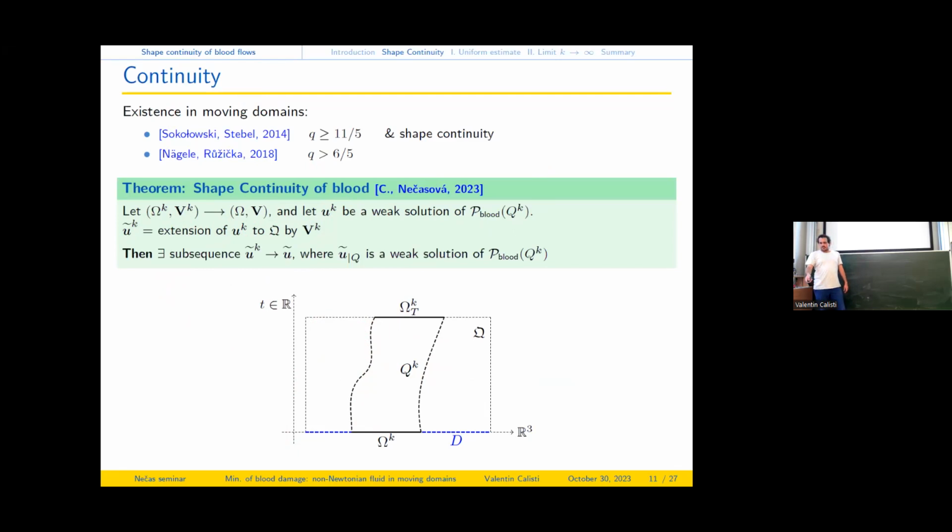So you have a subsequence which is converging, and the restriction of the limit of the subsequence to the limit domain. There is a mistake here. It should be just Q and not Q_k, of course. So this is a solution. And I have not specified the convergence here, but it will converge weakly in L^q W^{1,q}.